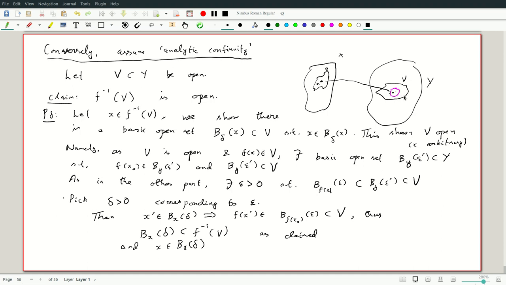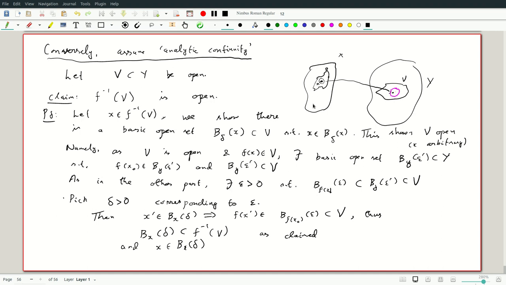So what we see is, given any V, we look at f inverse of V, and we show any point is contained in a basic open set, which is contained in turn in f inverse of V. And so f inverse of V is the union of these basic open sets, and hence is itself open, since a union of open sets is open.